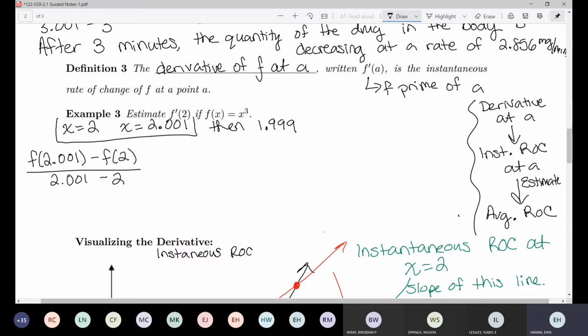So then if I put 2.001 into my function x cubed, so 2.001 cubed, taking as many decimal places as I can, 8.012006. I am going to drop off the 001, but again, as long as you take 6-ish, should be good. 2 cubed is 8, 2.001 minus 2.